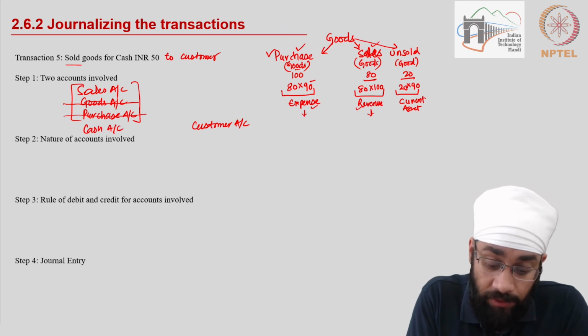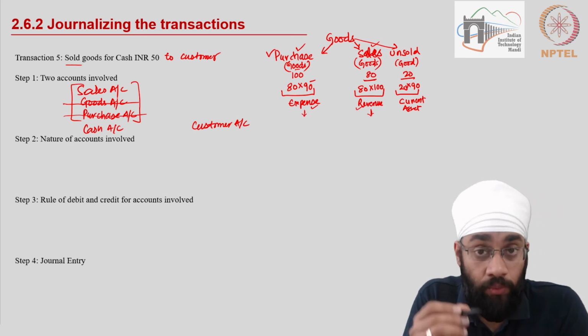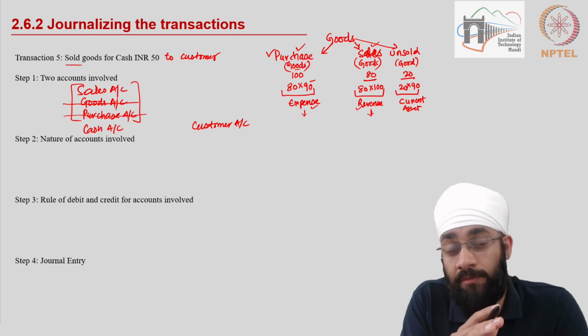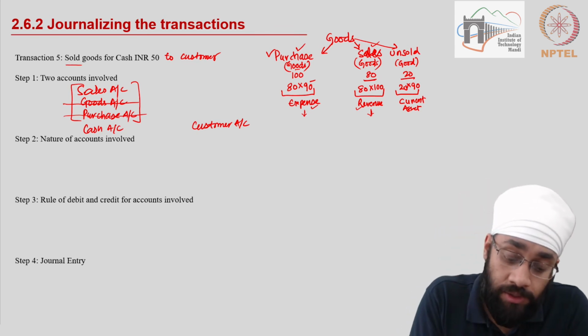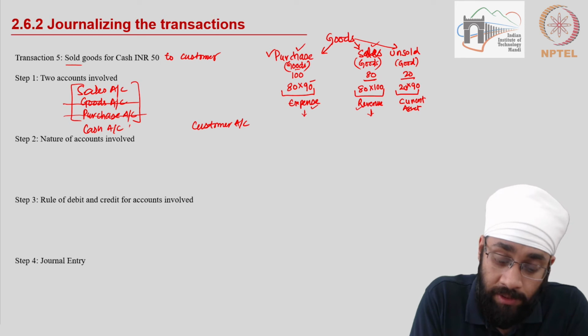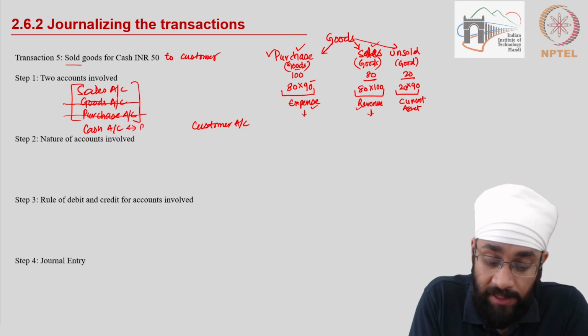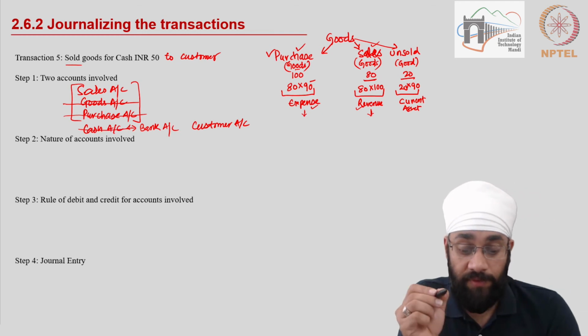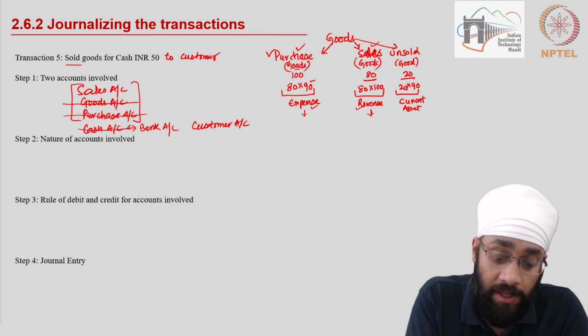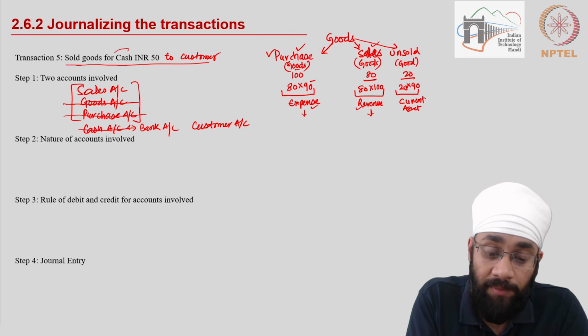And then you have cash account. We agreed that we will do all transactions through bank. So I'm going to replace cash account with bank account and cross it off. And you have customer account. Now you sold goods to the customer, he paid you cash.